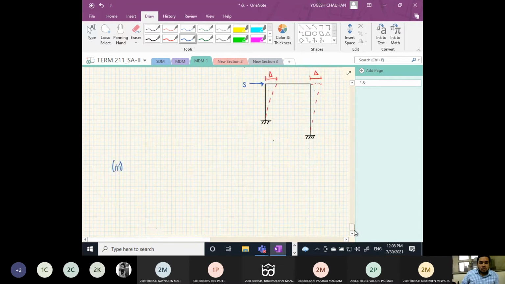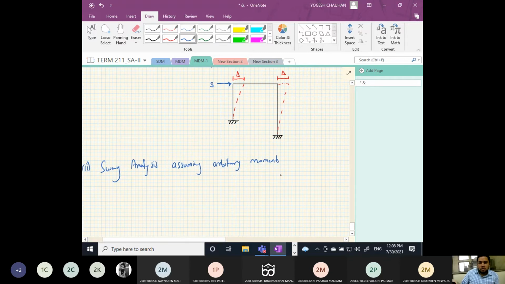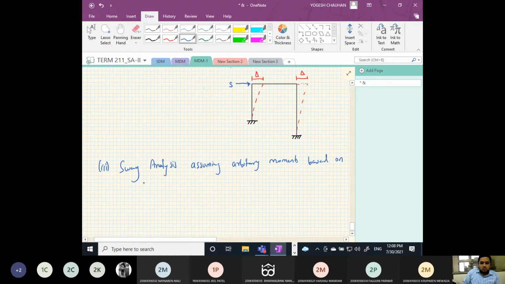You have to carry out sway analysis, assuming arbitrary moments based on the proportion of moments in the columns.